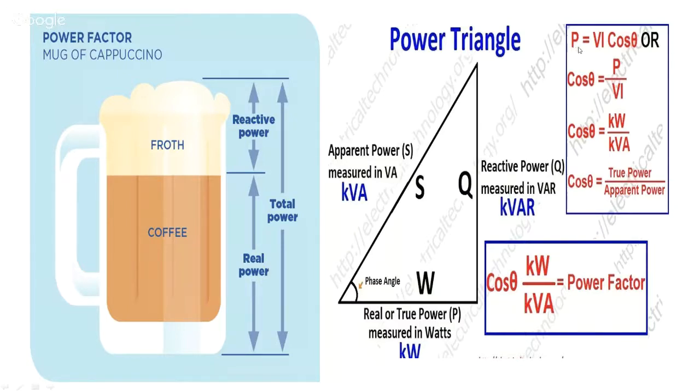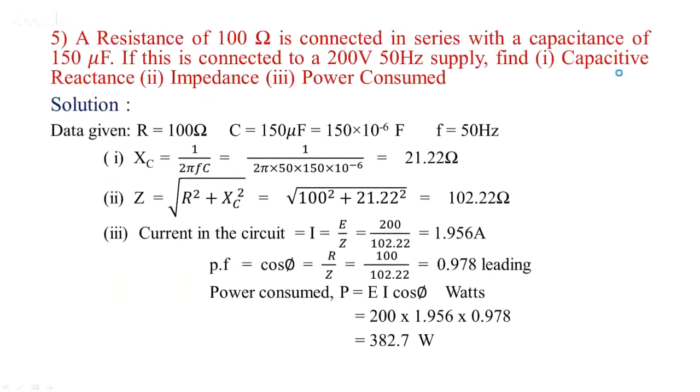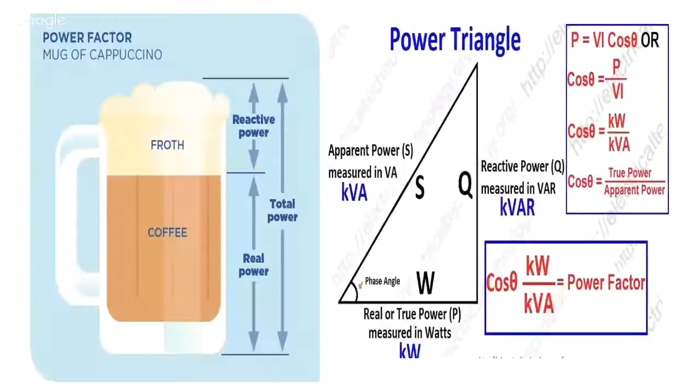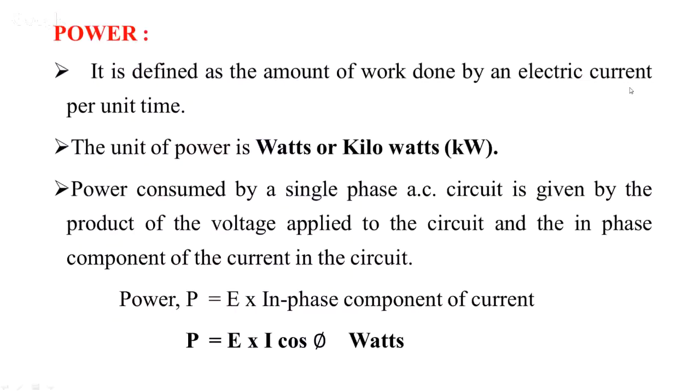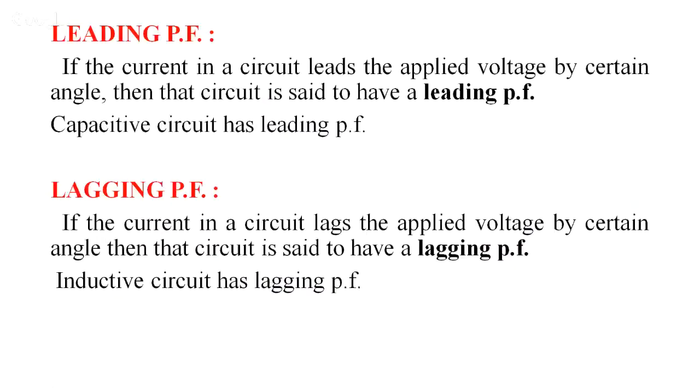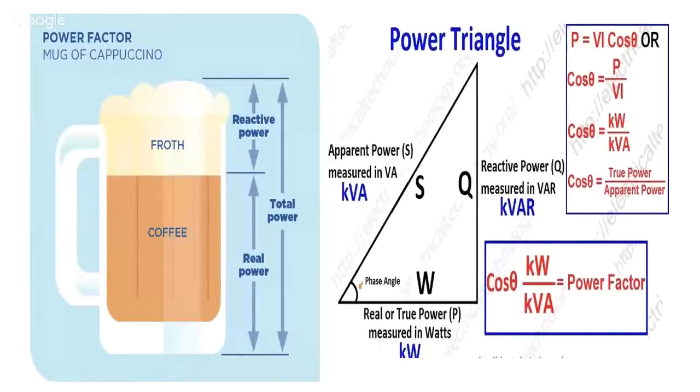We know that power is given by VI cos theta, so cos theta can be found to be power by VI. We have just shifted this VI here. So cos theta, which is the power factor, is given by the ratio of power divided by VI.